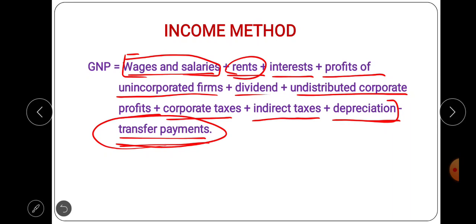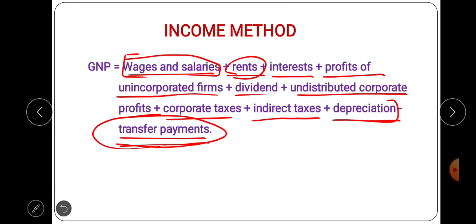The different rents earned by the individuals are taken into account. These rents represent the rent of the land, houses, factories, shops, etc., and also the estimated rent of these if the owners use them.